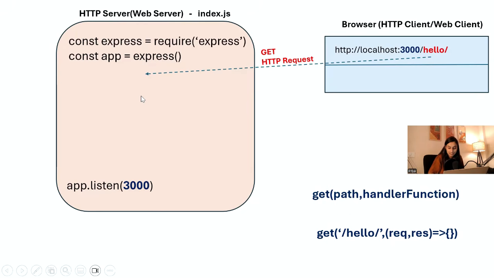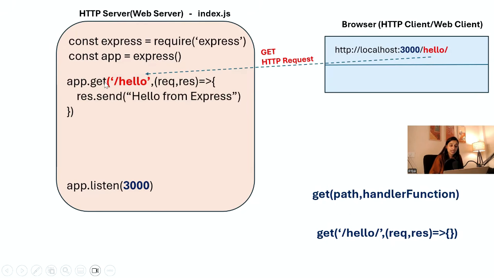Do remember this. So we write it here. If the type of request is get and the path is slash hello, one more slash, if it is not there, then also it's totally fine, then you execute this function. It will execute the function and you will get one HTTP response, hello from Express. So now you send the request, and successfully you got the response without any error.